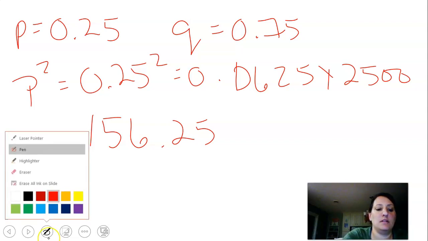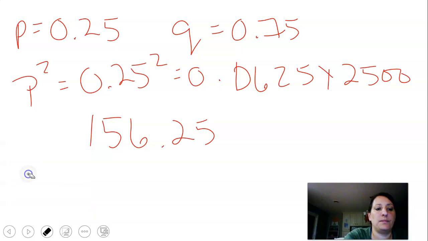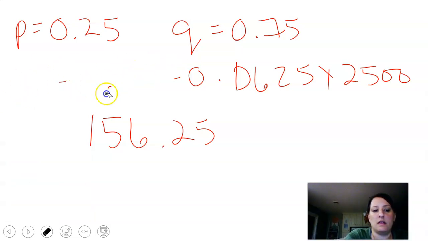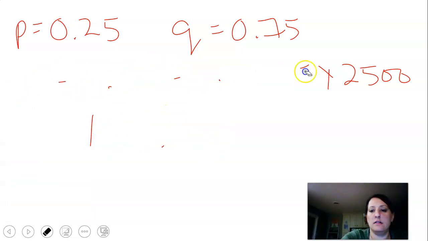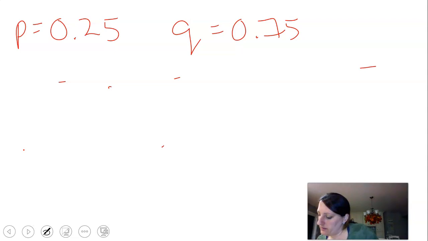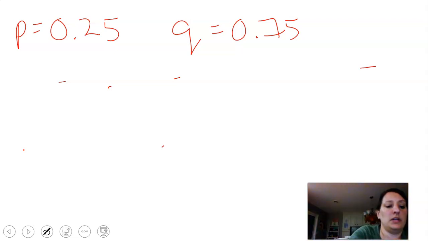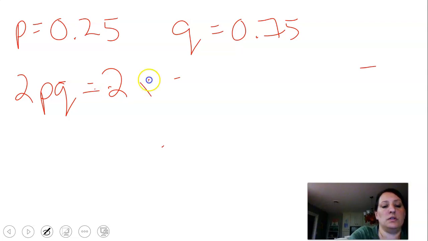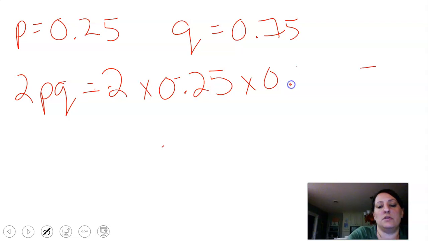Okay. So now let's do the next thing on there. So the next question says, look, heterozygous. So that's going to be 2PQ, which is equal to 2 times 0.25 times 0.75.